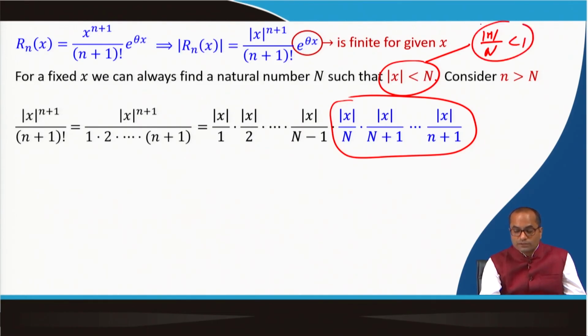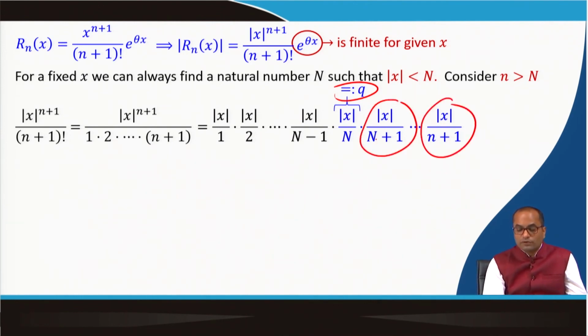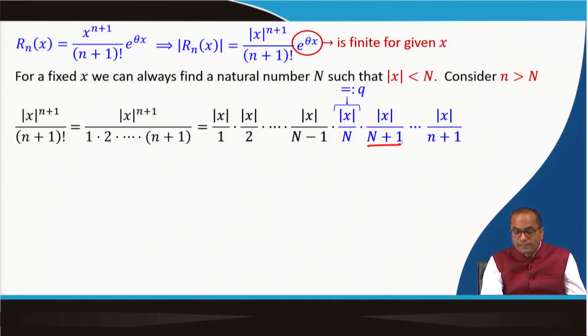is less than 1. So we set this to q now, where q is less than 1, and the following terms will be even less than q. So we can replace all these by q's and set everything to less than.